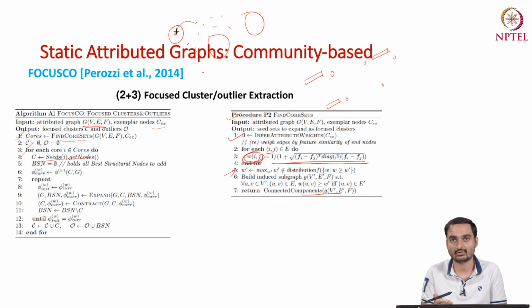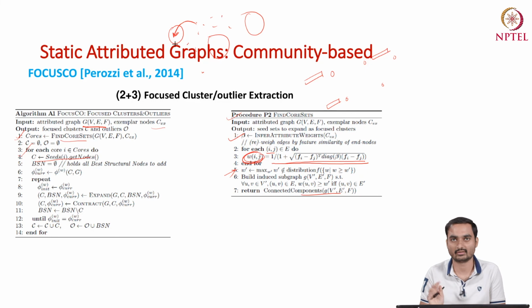Remember, the lower the conductance, the higher the cluster likelihood. So, we add this node and check the conductance. We keep adding such nodes into the core sets and see whether the conductance value decreases or not, and we keep on adding until we see the conductance value starts increasing.